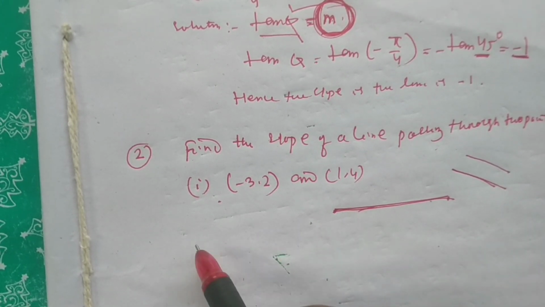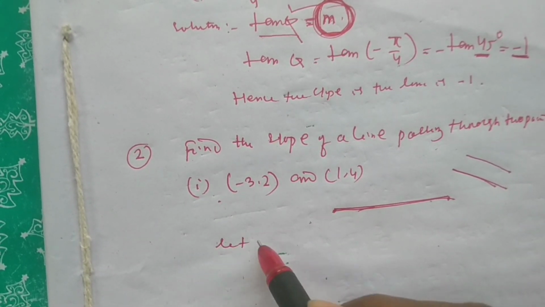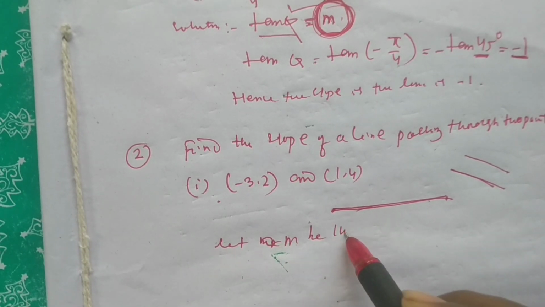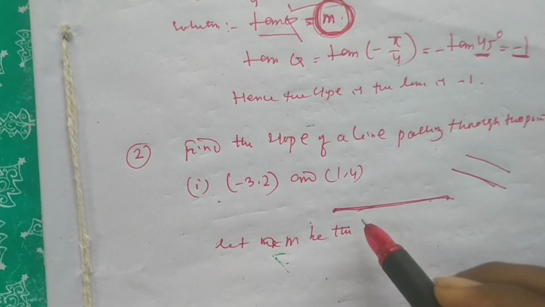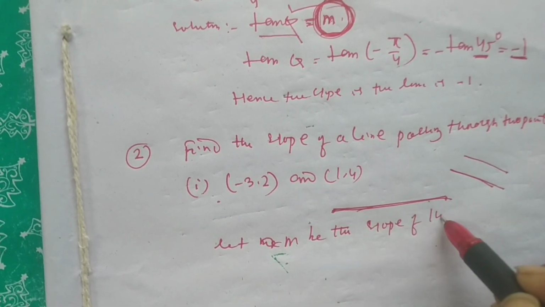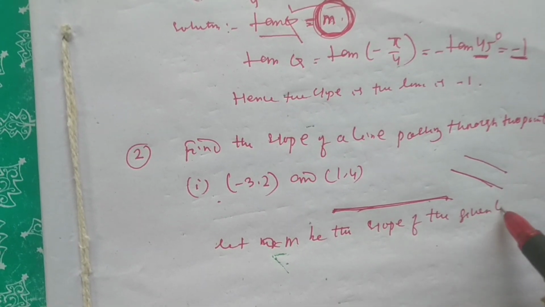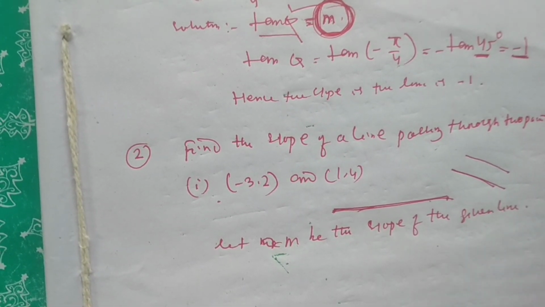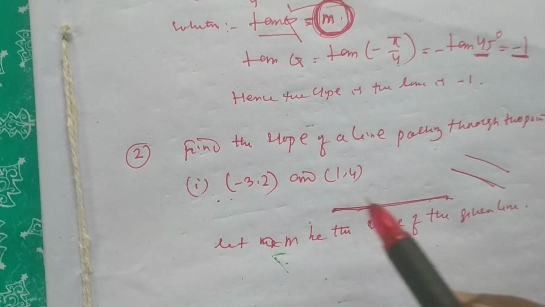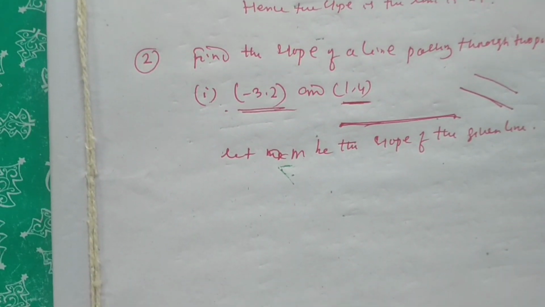When the question asks for the slope, first we take let m be the slope of the given line. Understood? We know the slope formula. If 2 points are given, how will you calculate the slope?